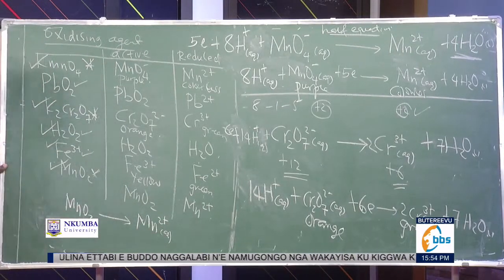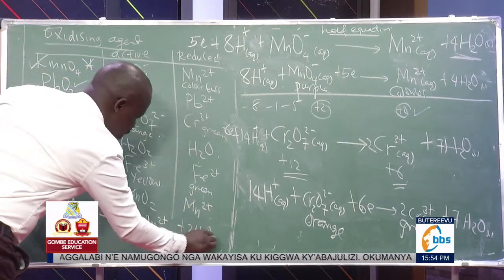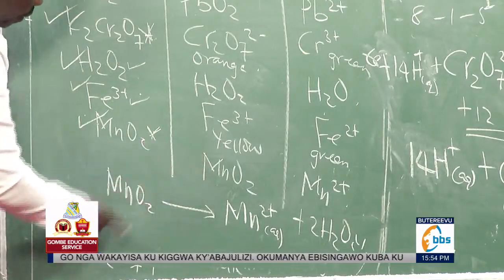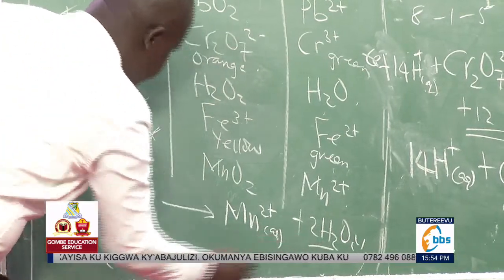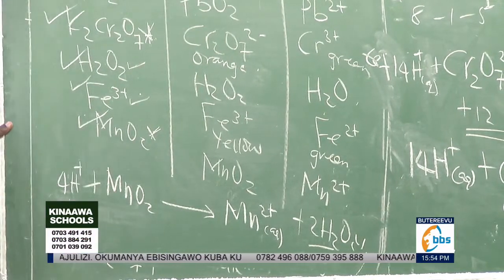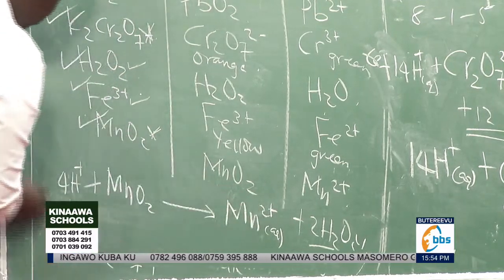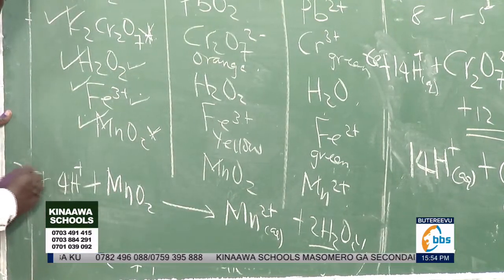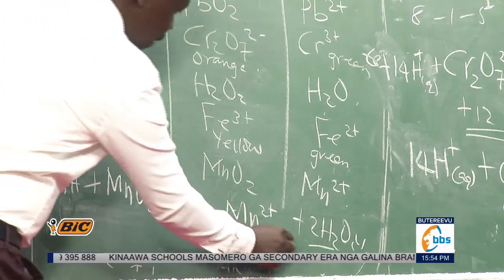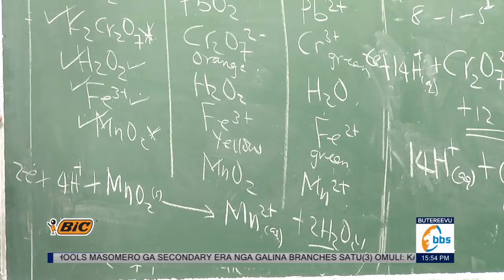Oxygen there are 2, so bring in water molecules: plus 2 water. Hydrogen becomes excess, so you say plus 4H aqueous. After that, look at the charge. Positive 4, positive 2, so you say plus 2 electrons. Then state symbols: solid, aqueous, liquid. So those are what we call half equations.